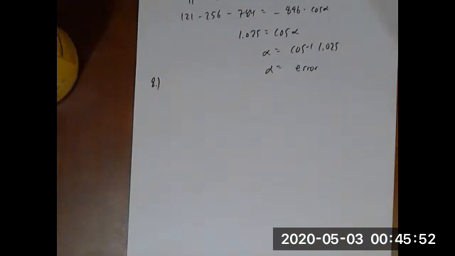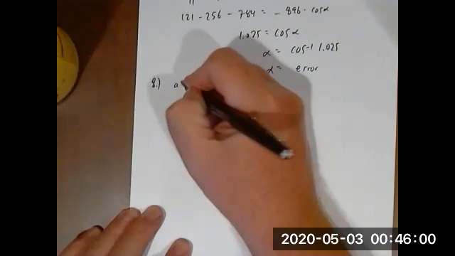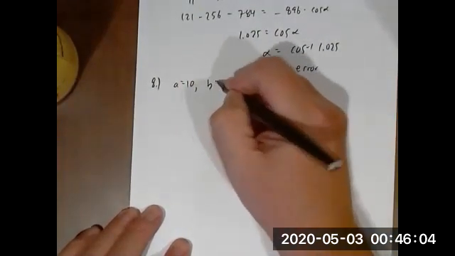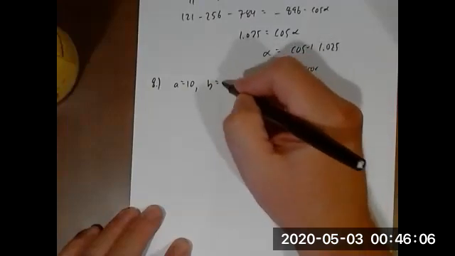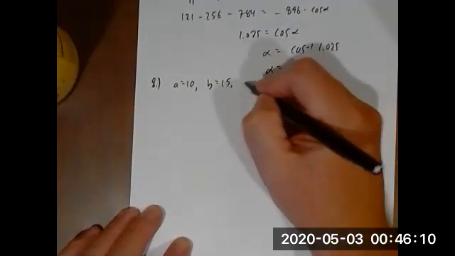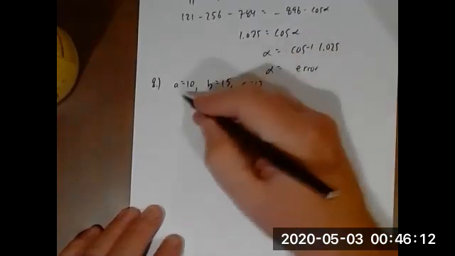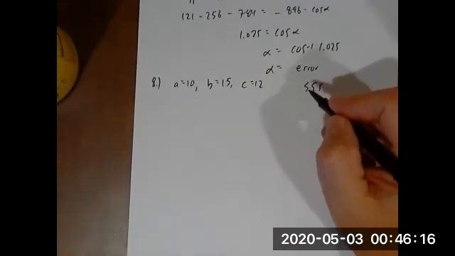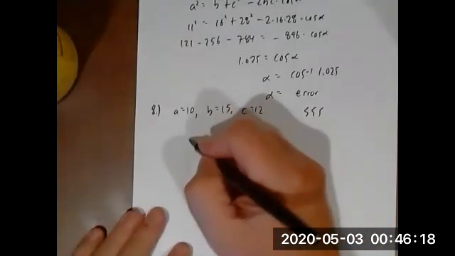All right, number 8. I think this is the last triangle problem. To the nearest degree, that's good. So here they give us side A is 10, side B is 15, and side C is 12. So obviously, 3 sides, law of cosines, find the 3 angles.